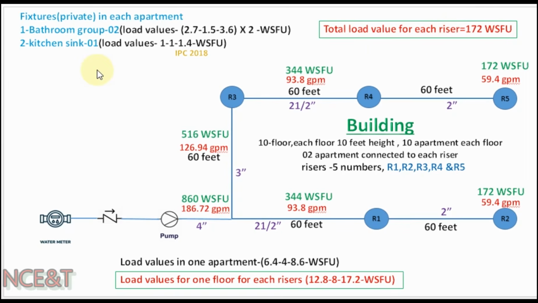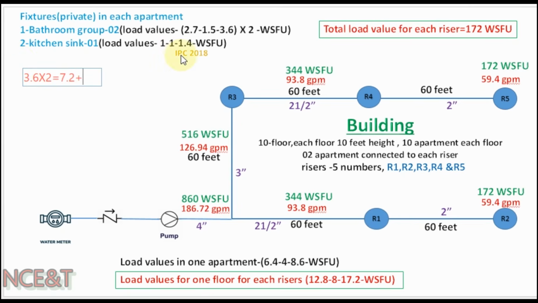As we are designing the main water supply line, we will use the total load values. For a bathroom group, we have a total load value of 3.6 water supply fixture units, and for a kitchen sink 1.4. As we have 2 bathroom groups in one apartment, 3.6 times 2 equals 7.2, and we have one kitchen sink also, so we will add it.